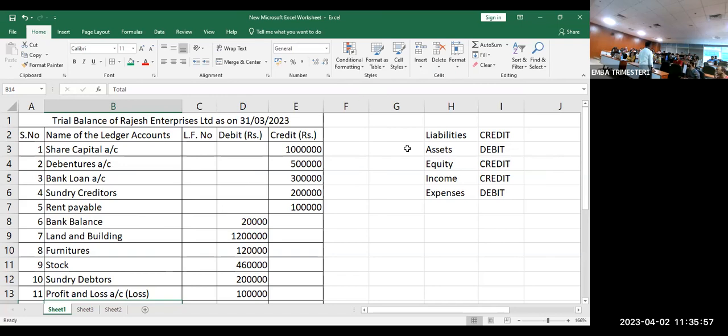You are buying 1 lakh worth of goods. How much is sold? That will automatically be taken care of, no? Purchase was for 1 lakh, sales is for only 80,000. Already 20,000 is lost; it's already taken care of. You need not write anything specifically.